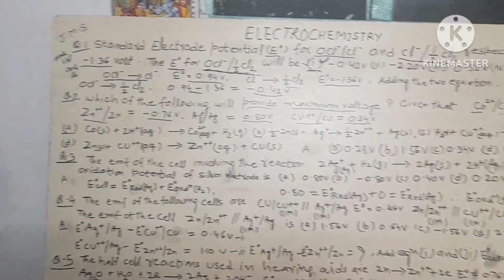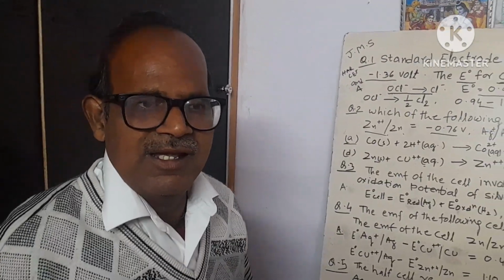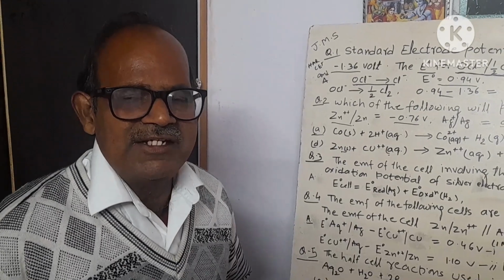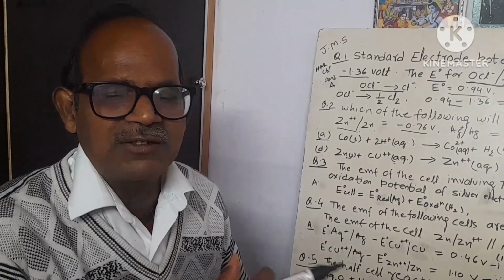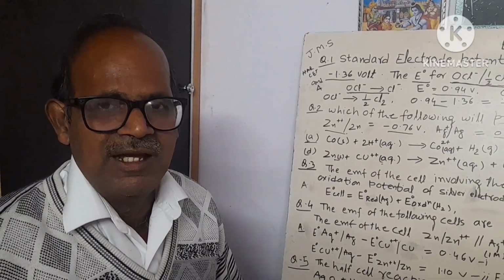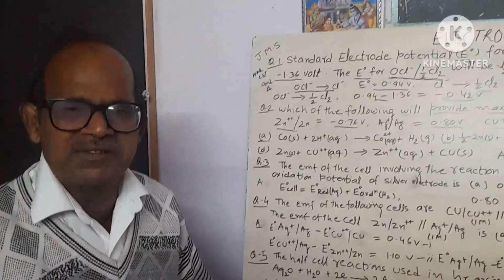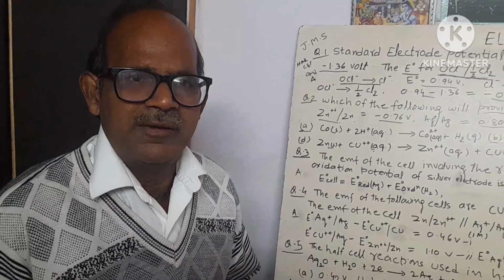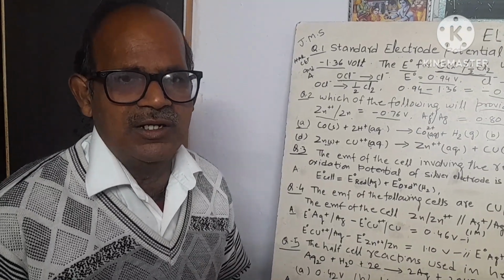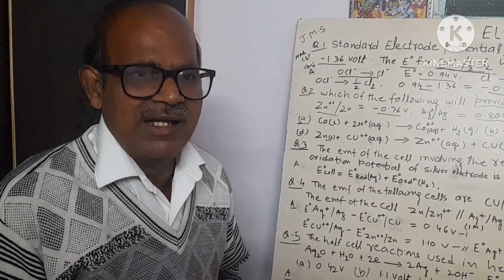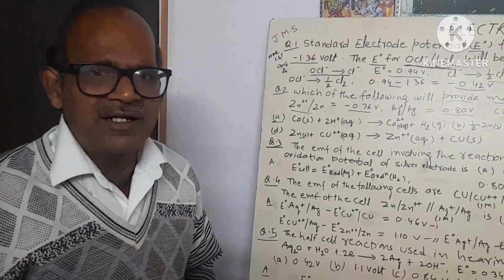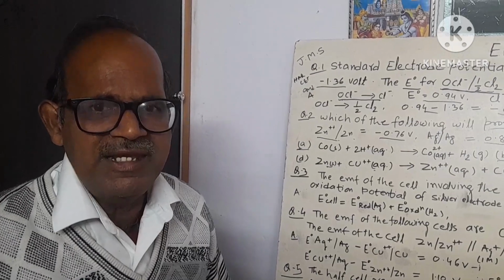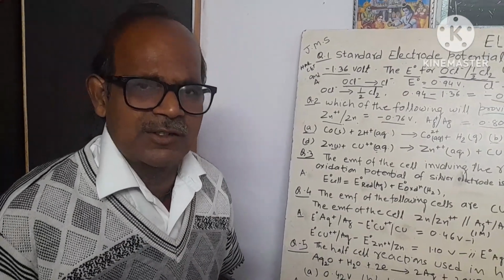If all are reduction potentials, then it is very easy to calculate E. How? I have already discussed that E is equal to E cathode minus E anode, that is, the right hand side electrode minus the left hand electrode.